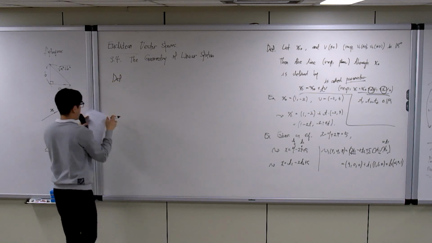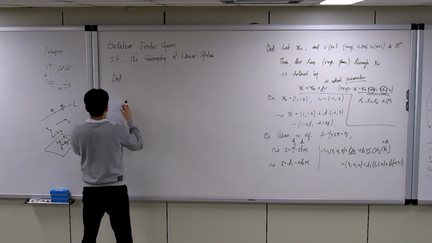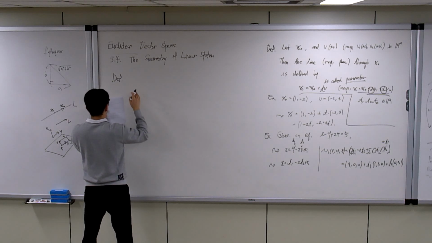So I will define the line segment by using the parameter t having a restricted domain.